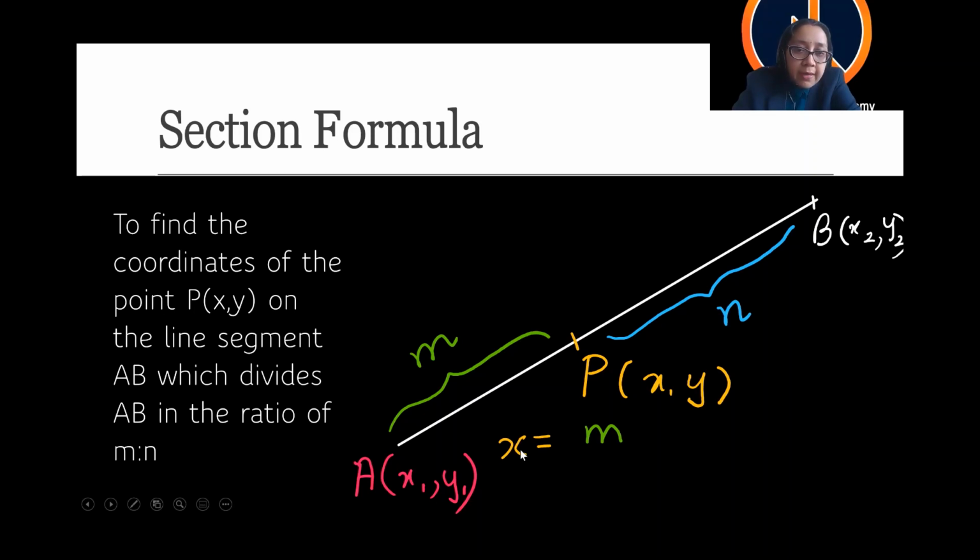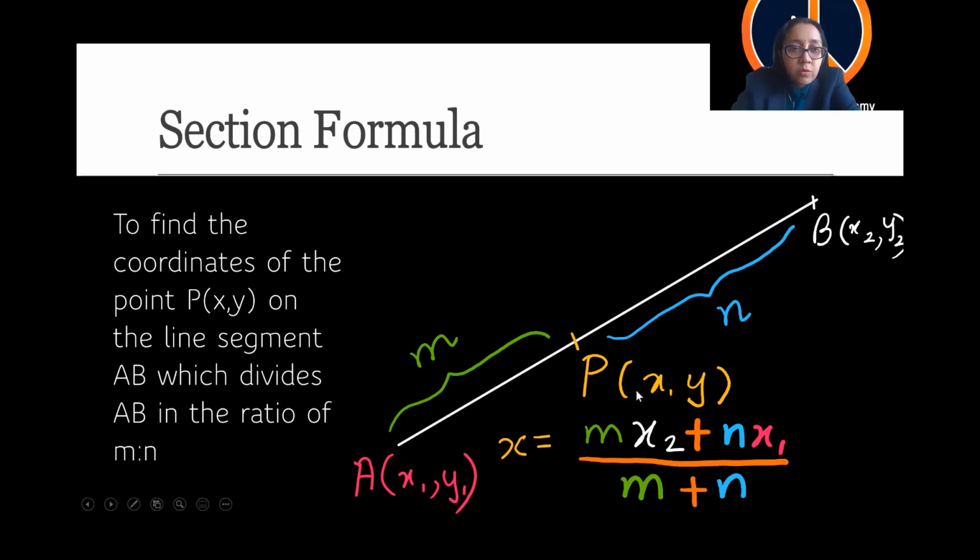So your formula is x equals m times x2 plus n times x1, because we are calculating x, so everything in the numerator should be x, but the ratio which is multiplying is just the opposite. So mx2 plus nx1 divided by m plus n. This is the x value or abscissa of this particular point P.